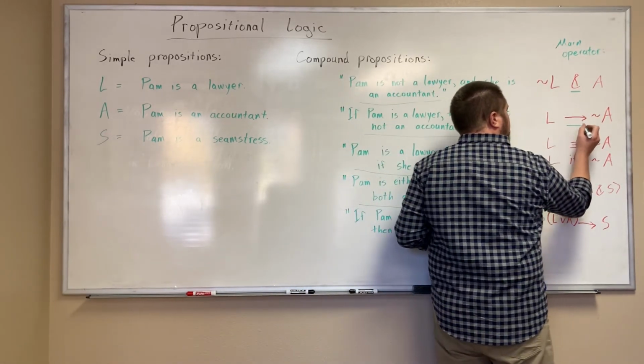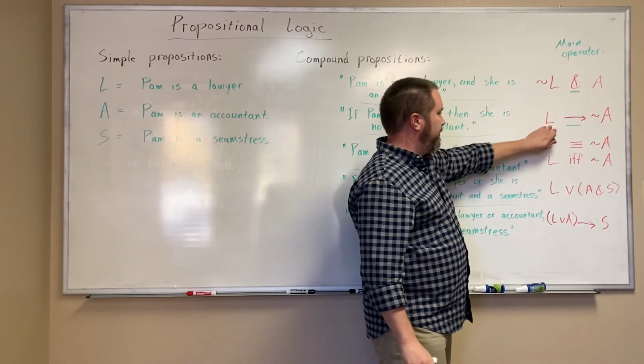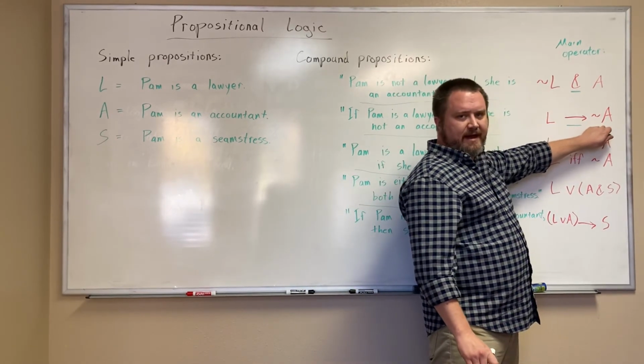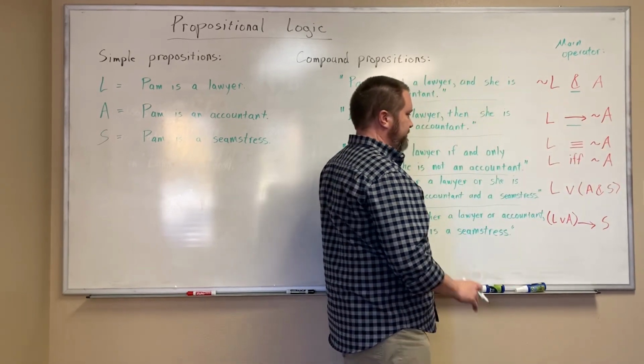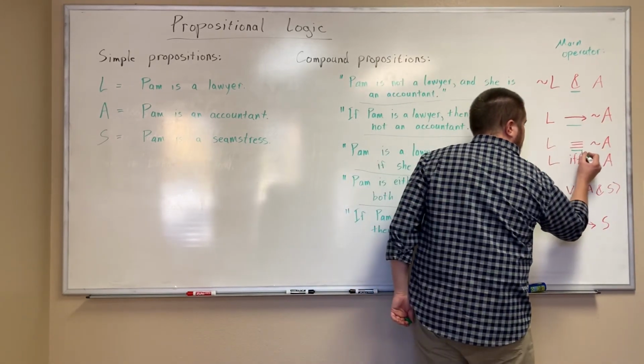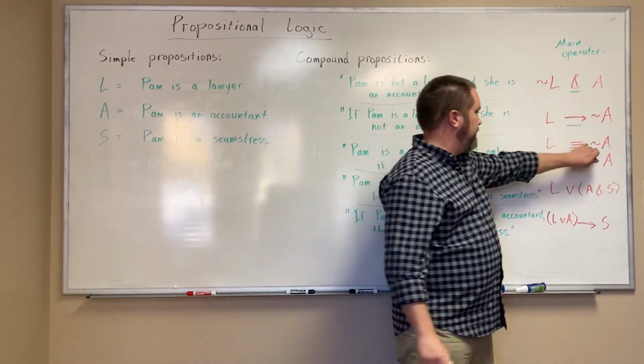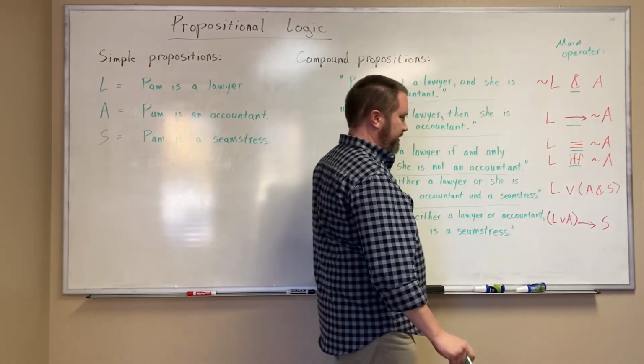And the arrow is the main operator here. We're looking at L and not A as individual entities. Then again, L, not A, has its own entity.